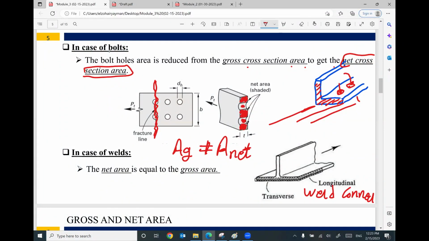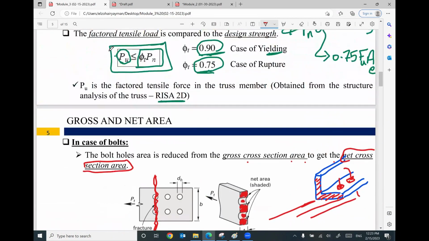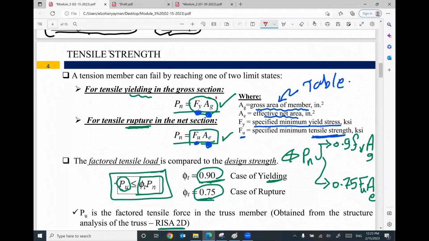In this case, area gross and area net will be equal. Do you have any question regarding this point? I'm trying to explain why we have this case and why we have this case.